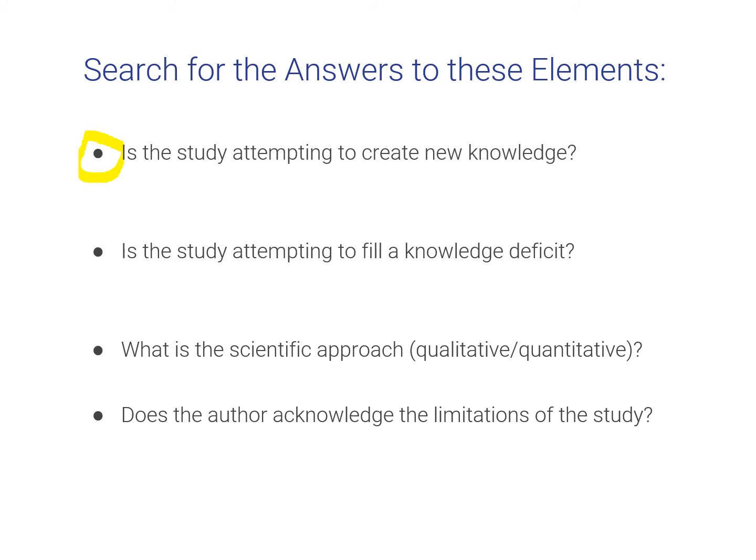Is the study attempting to create new knowledge? When you read the literature review, you'll get some clues if they are trying to do something new or if they're imitating something that has been done before. This is important if this is something entirely new or just part of a canon of research.